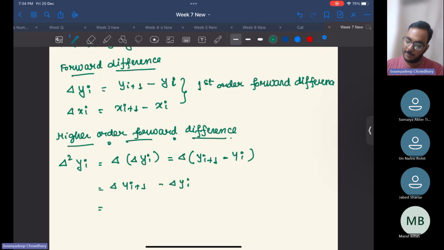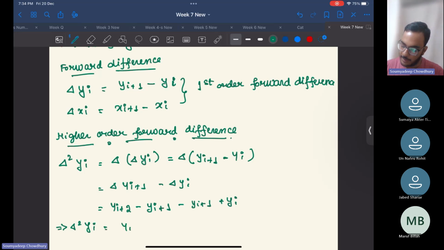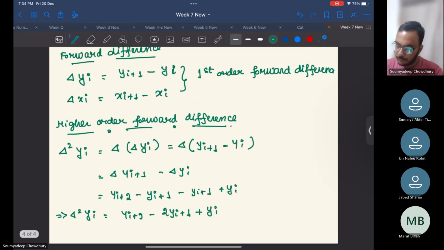Del yi plus 1 is yi plus 2 minus yi plus 1, and del yi is yi plus 1 minus yi. So del square yi transforms to yi plus 2 minus 2yi plus 1 plus yi. This is your higher order difference.